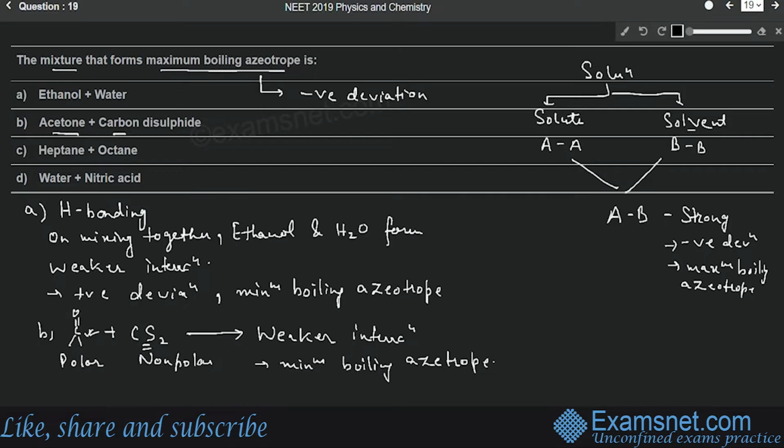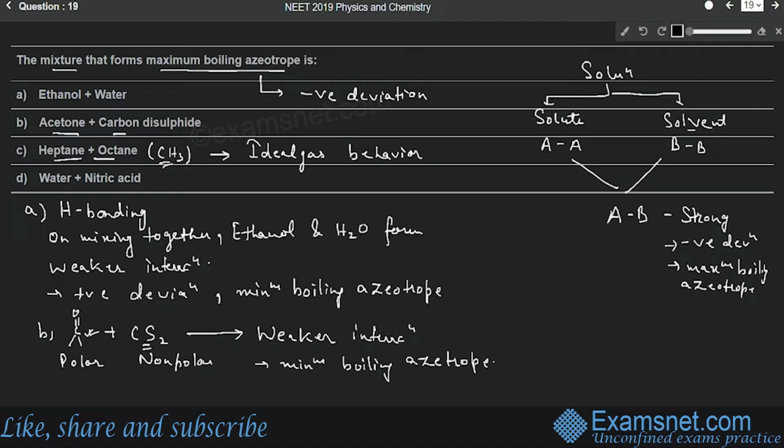Now we come to the third one. It is heptane plus octane. So this is almost similar, okay? There is a difference of CH3 only, okay? Only one octane consists one more methyl group, okay? So this is more or less same as ideal gas. So it will show ideal gas behavior. It will neither show positive deviation nor show negative deviation. Okay. So this is also not the correct answer.